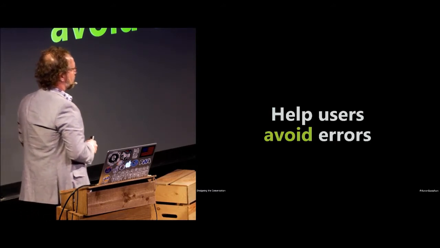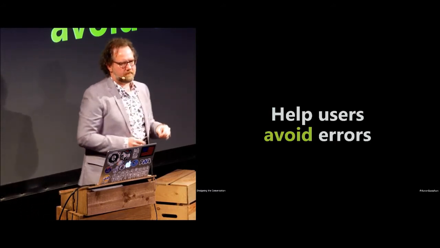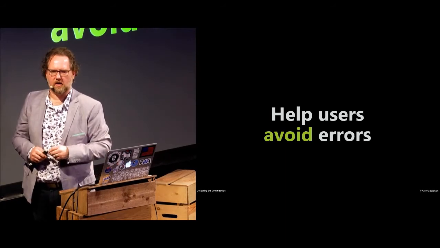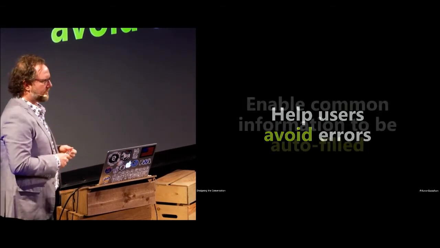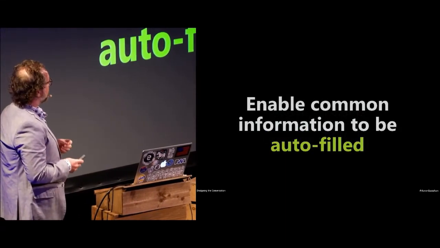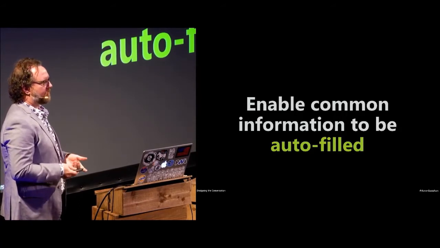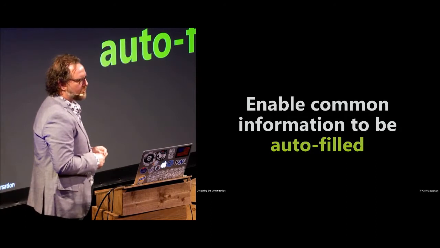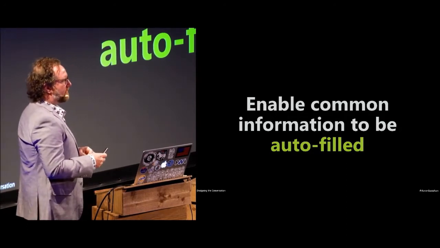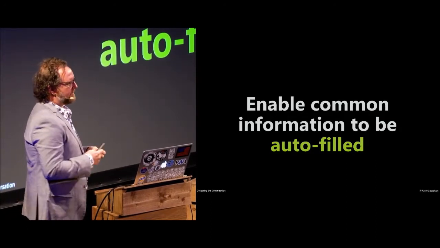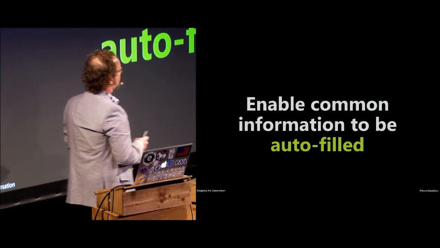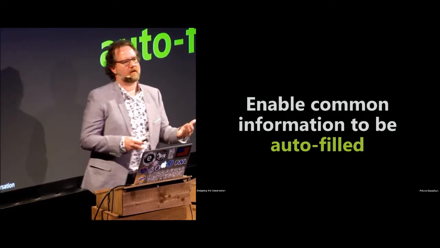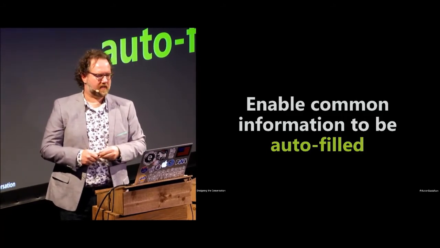But we can also help our users avoid errors ahead of time by being a little bit smarter about how we request information. So most browsers allow users to store some of their information within it, and voice assistants could be very much the same in the not-too-distant future. And some of them also watch for common data that can be filled and will prompt the user to go ahead and enter that. You've probably seen this with credit card numbers, with your address, all of that sort of stuff.